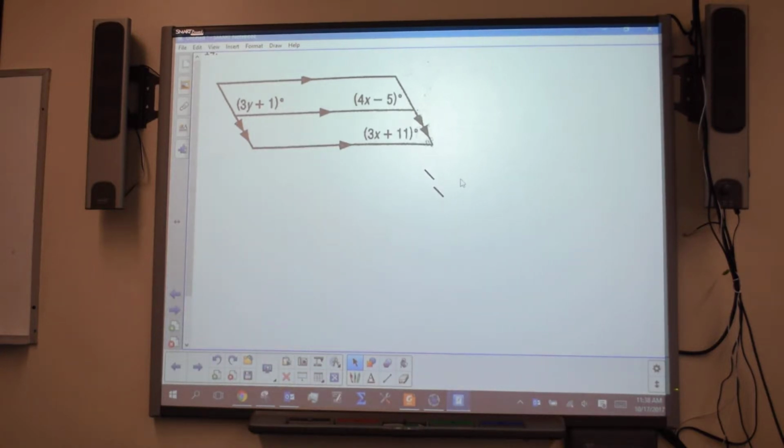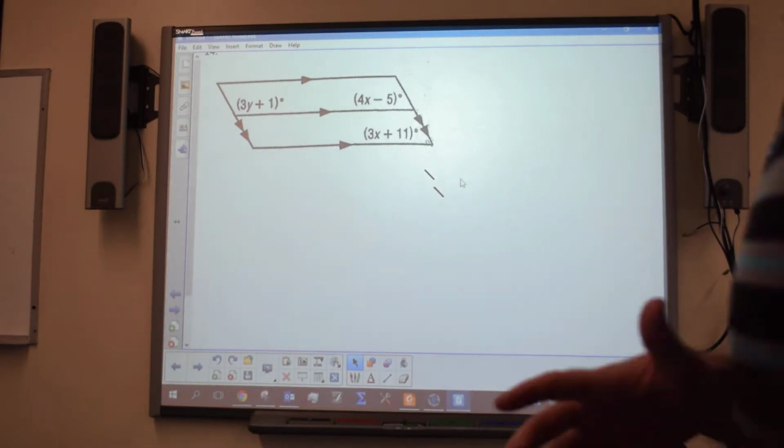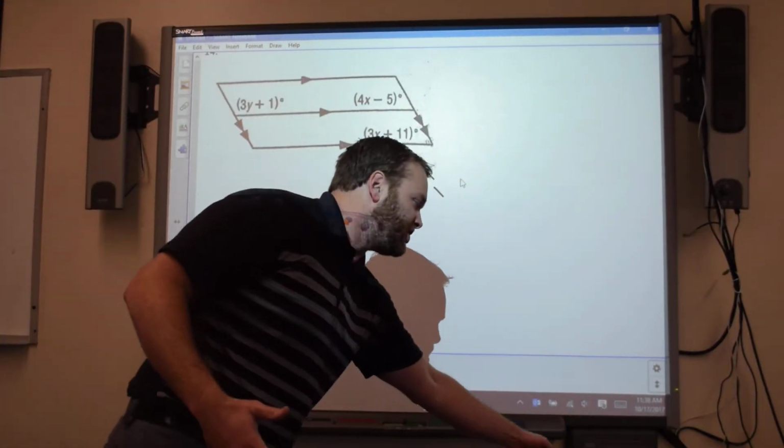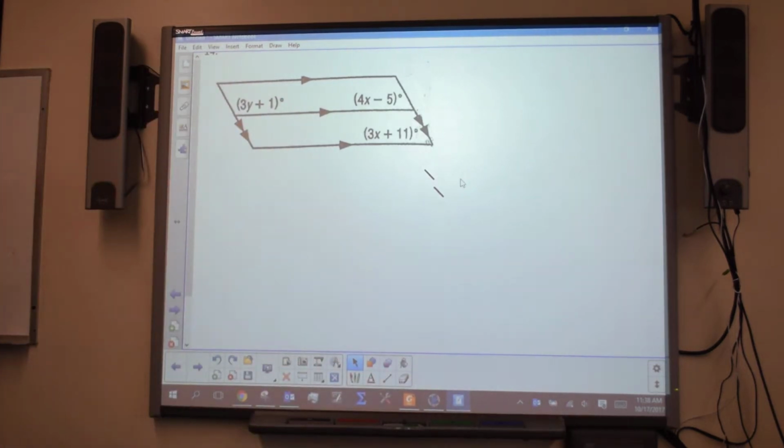Alright, so when we look at this, we've got a lot of parallel lines going on here. So it's going to be a good idea to maybe just highlight a pair of them and look at a pair of them. What's going to happen eventually is that all the relationships that we have with two parallel lines are going to be true with three parallel lines and so on, because of ultimately the transitive property.